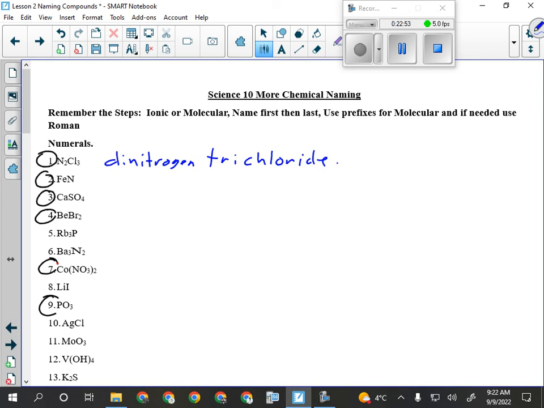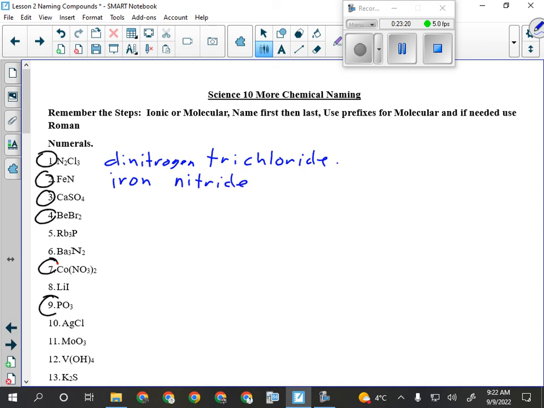All right, for our second one, we've got iron and nitrogen together. Is that going to be ionic or molecular? It's ionic, yeah, okay, iron's a metal. Now, I'm going to write iron, and then I'm going to write nitride, but what does this one need?